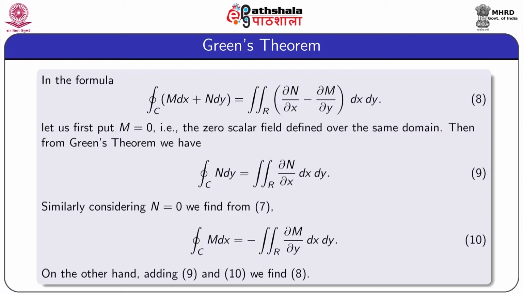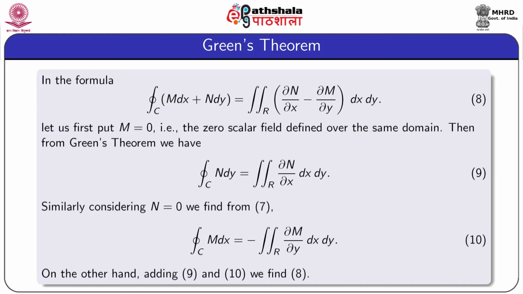Then from the above expression we have integral over C N dy equal to double integral over the region R del N del x dx dy. Similarly, considering capital N to be the 0 scalar field, we find line integral over C M dx equals minus double integral over the region R del M del y dx dy. So, from Green's theorem we get these two relations.